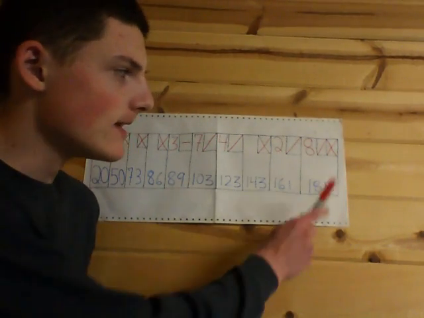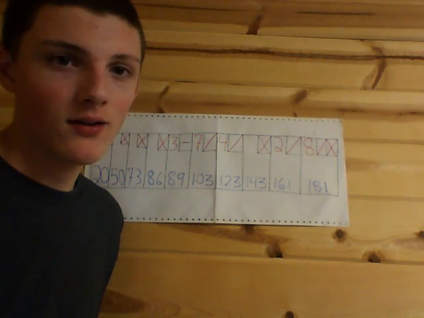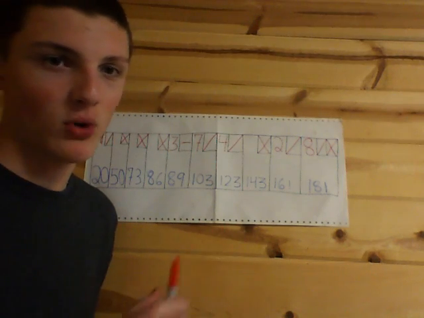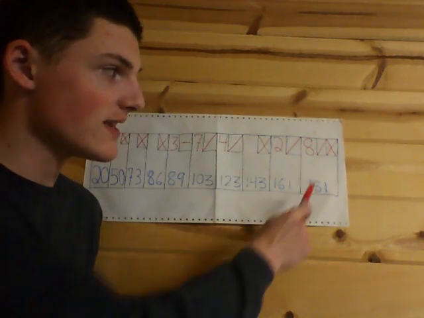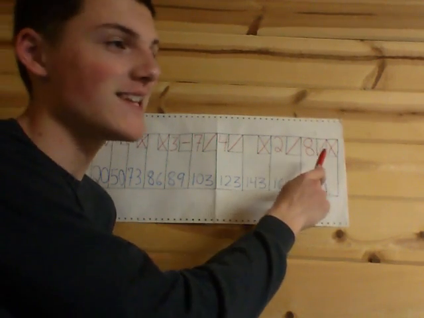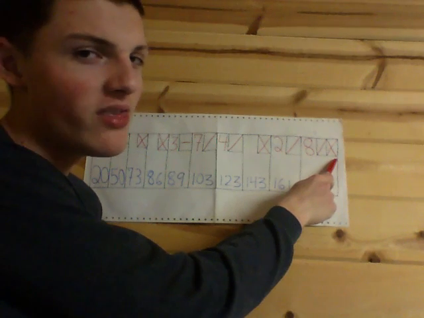But in this case, I bowled an 8 spare. An 8 spare says 10, and then I get the extra shot. Only one extra shot because I bowled a spare. So this tells me 8 spare, which a spare is 10, plus the immediate next one, which I can see is a strike, which is another 10.